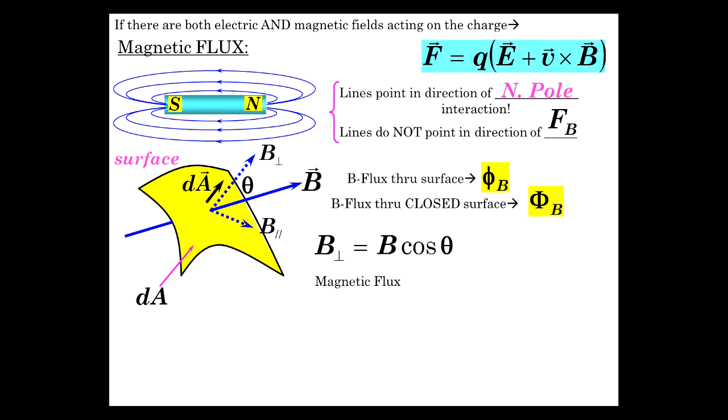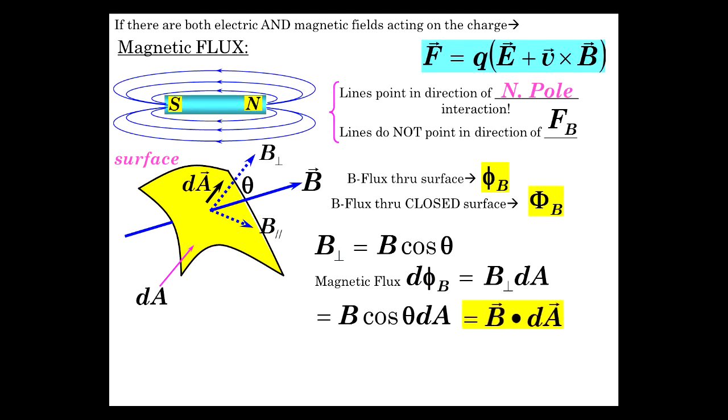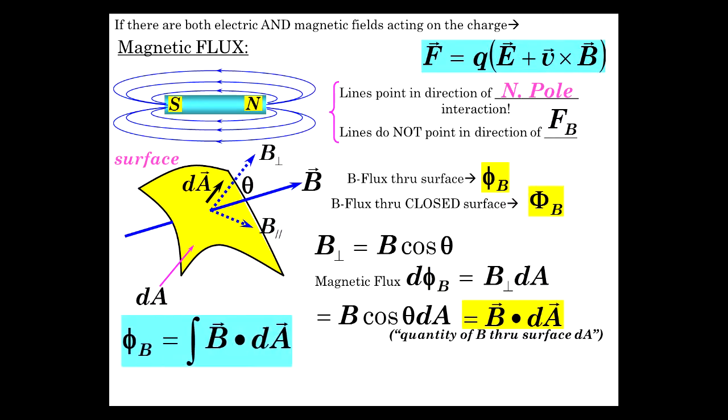Now, the perpendicular magnetic field is B cosine of theta. So B cosine of theta gives you the part that we're interested in to produce flux through dA. Magnetic flux, d phi sub B, is B perpendicular dA. That's B cosine of theta dA, which is B dot dA, the quantity of the magnetic field to the surface dA, just like we learned with electric flux.